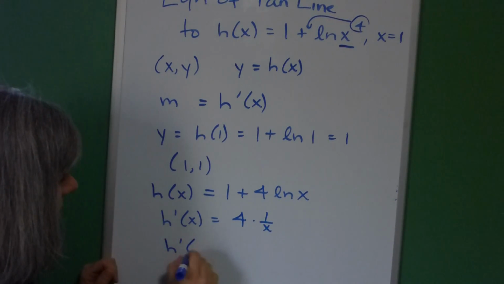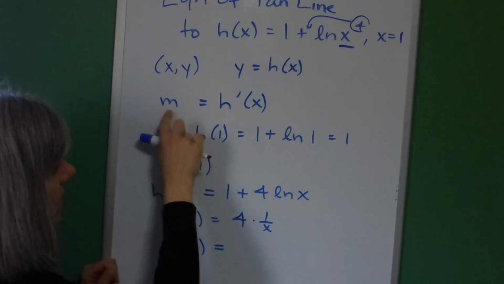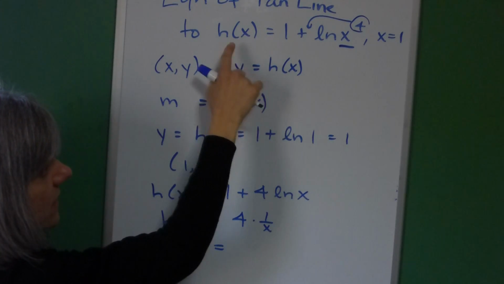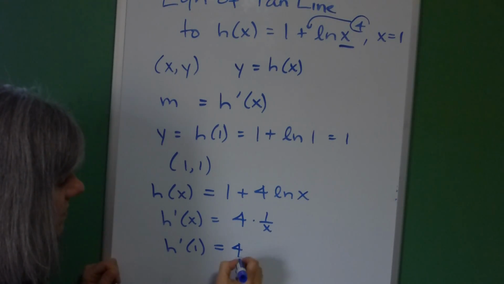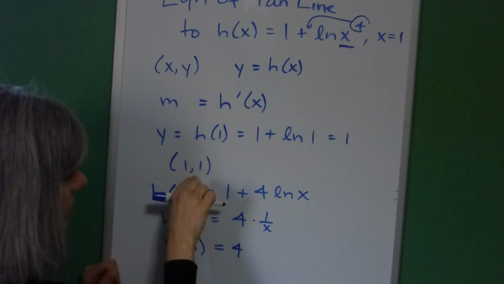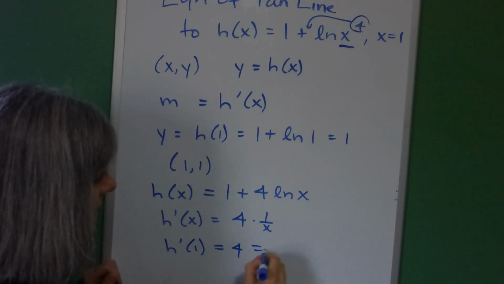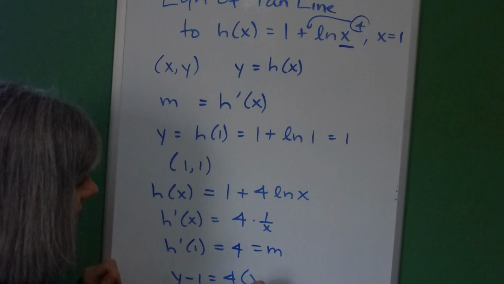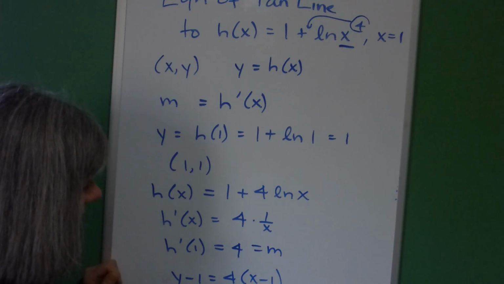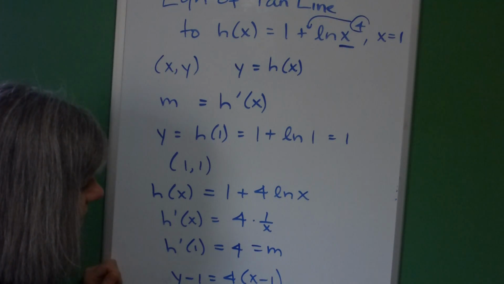So h prime of 1, which is the slope of the tangent line to this function at x equals 1, would be 4 over 1, which is 4. So we have our point and we have our slope. So y minus 1 equals 4 times x minus 1. Altogether, y equals 4x minus 3.